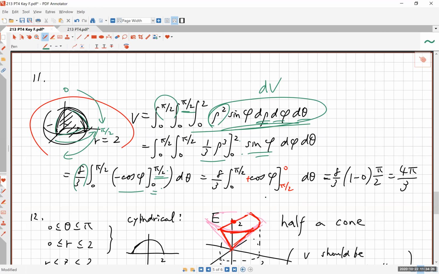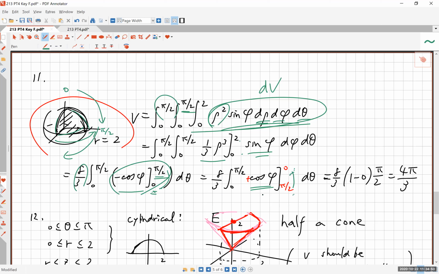And so once you do this, oh, by the way, because I know cosine of 0 is 1, whenever I see a negative cosine, I tend to switch it because I hate negative signs. They confuse me to no end. So change that negative cosine to positive cosine, and then switch these, from pi over 2 to 0.